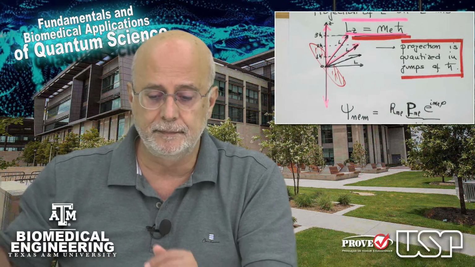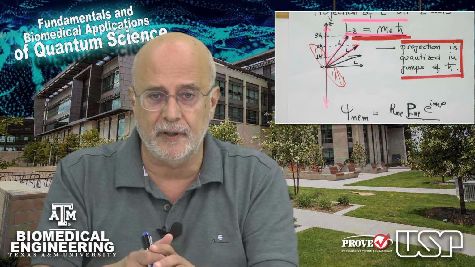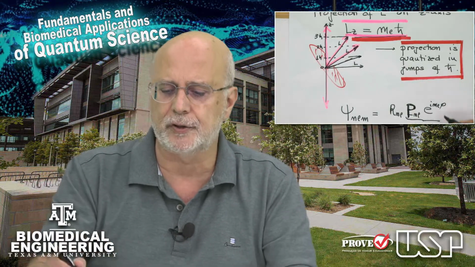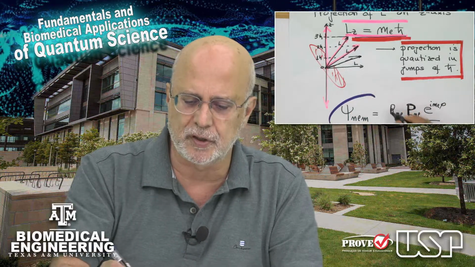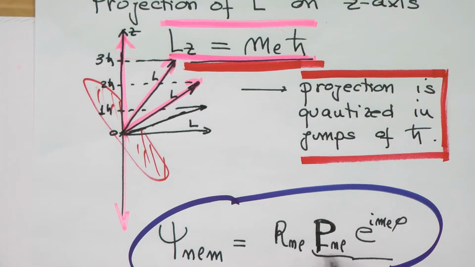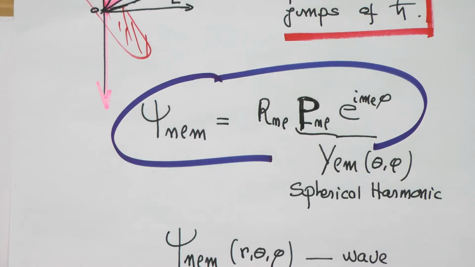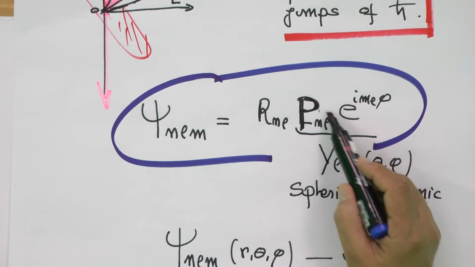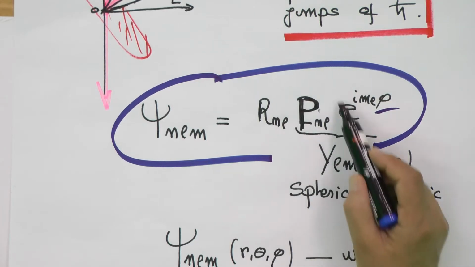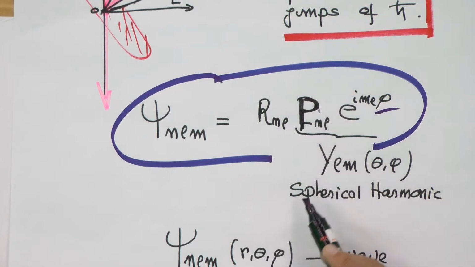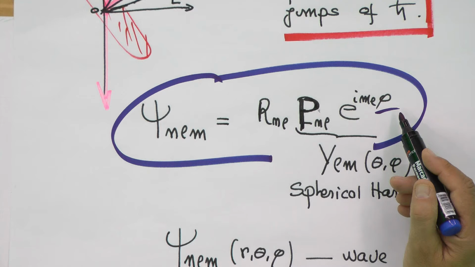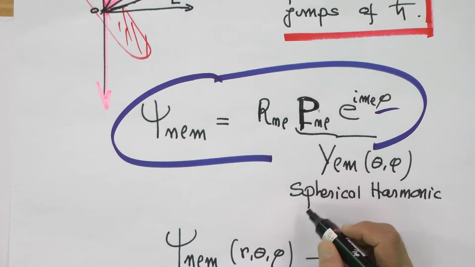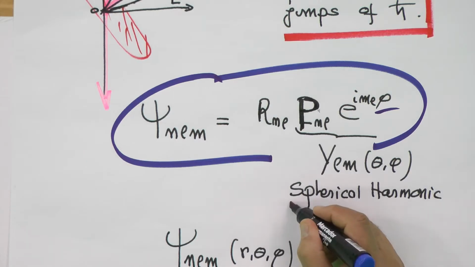So far, so good. We made a simple interpretation for the quantum numbers, and now we construct the wave function, which is the product of all the functions that I explained to you. The angular part, theta and phi, combines the Legendre polynomials and the exponential that comes from phi, and they combine together to give you what we call the spherical harmonics.